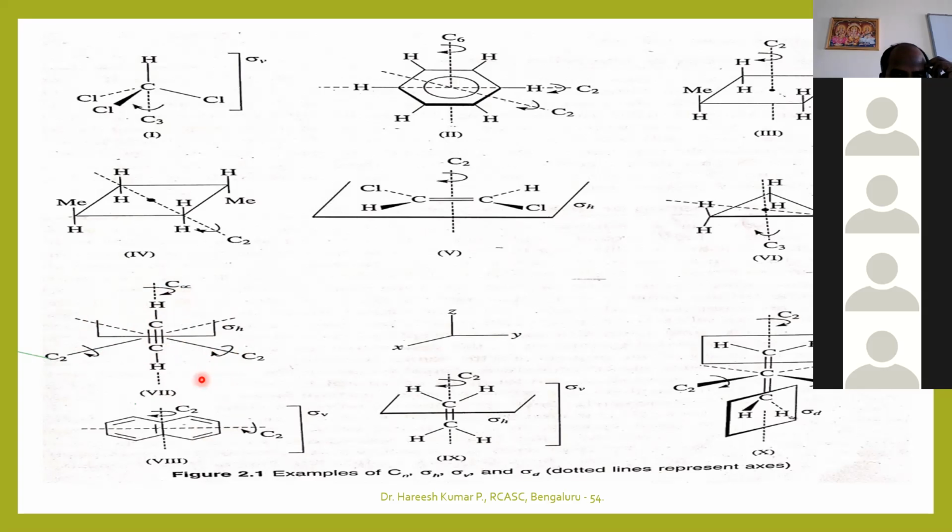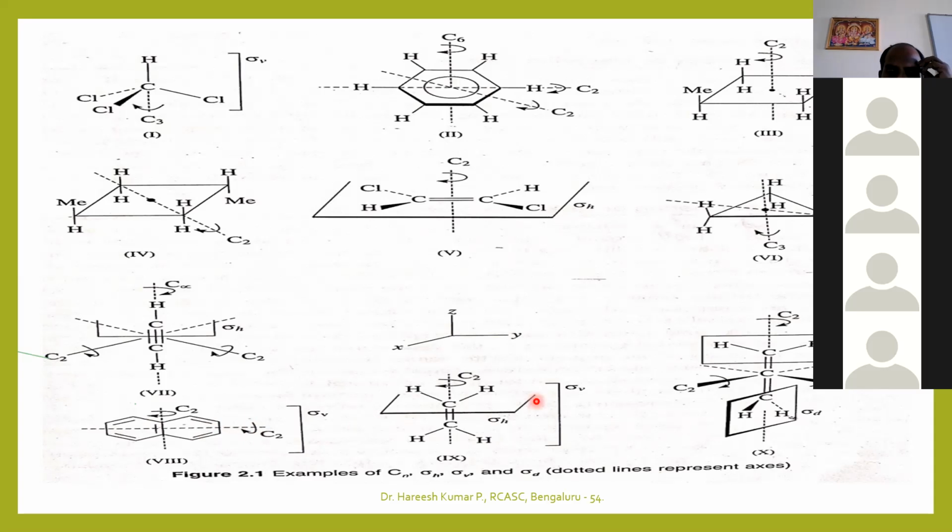And what you can find, in this naphthalene, it exhibits a C2 axis of symmetry. Okay, and this one is the principal axis.